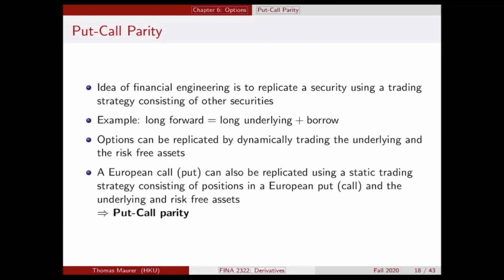In this chapter, we're going to look at another very powerful equation called the put-call parity, where we replicate a European call option using the underlying asset, the risk-free asset, and a put option, or equivalently, we can replicate a European put option using the underlying asset, the risk-free asset, and a European call option.